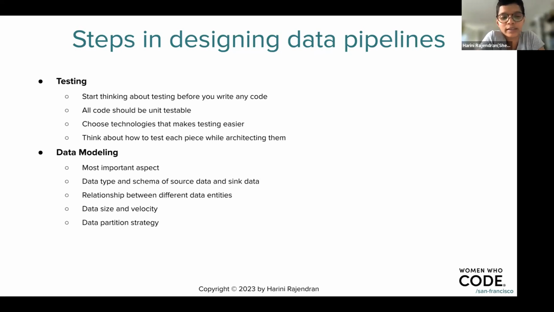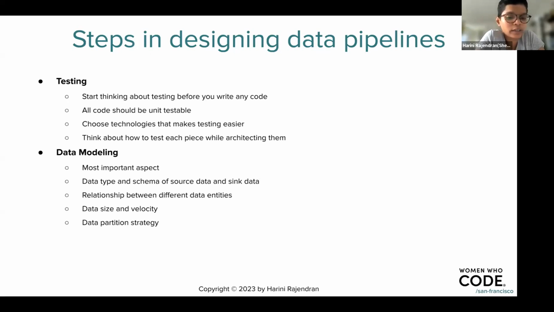What are the fields present inside the data that you collect from various sources? And when you transform the data within your pipeline, how does the schema evolve? What is the format of the data when it finally lands in the sink, which is the data store?